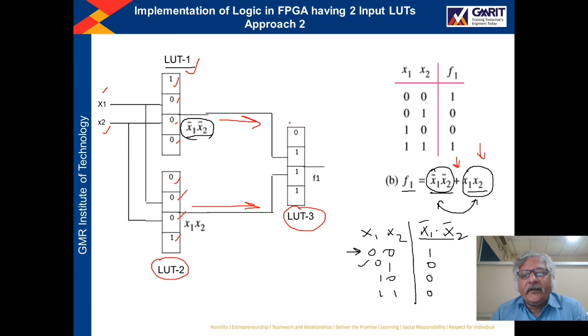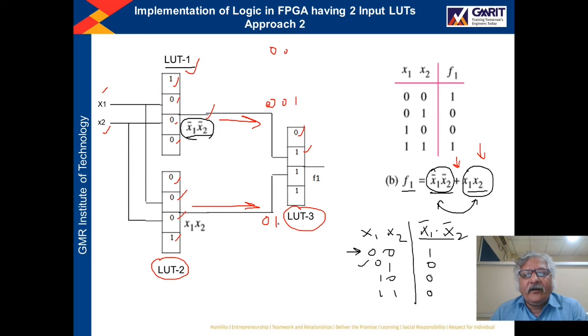For the OR logic, the inputs are 0, 0, meaning if this is 0 and this is 0, then what should be the OR logic? 0. If here we have 0 and here we have 1, what should be the output for the OR logic? It should be 1.